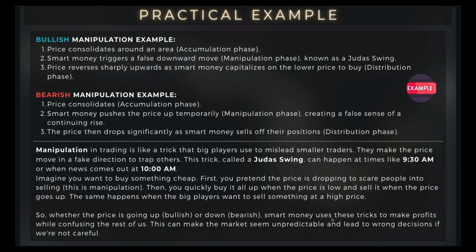This is manipulation. Then you quickly buy it all up when the price is low and sell it when the price goes up. The same happens when the big players want to sell something at a high price. So whether the price is going up or down, smart money uses these tricks to make profits while confusing the rest of us. This can make the market seem unpredictable and lead to the wrong decisions if we're not careful.